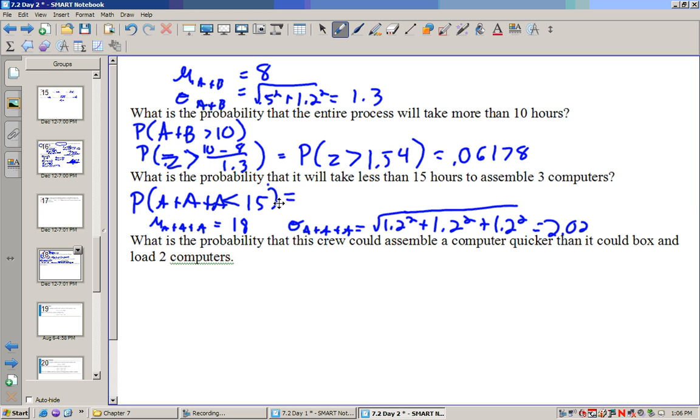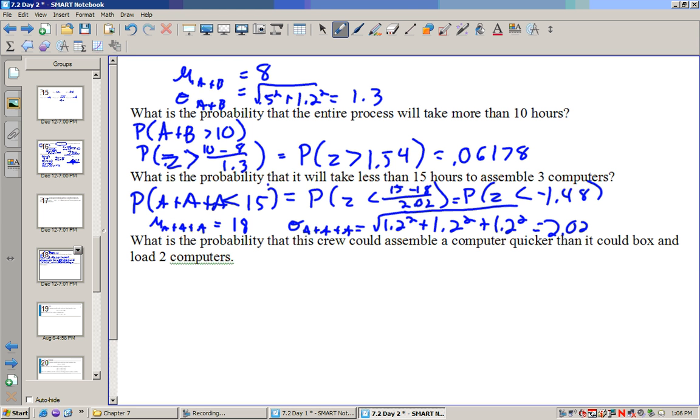So the probability that this is less than 15 is the probability my z-score is less than 15 minus 18 over 2.02, which is the probability my z-score is less than negative 3 over 2.02, which is negative 1.48.